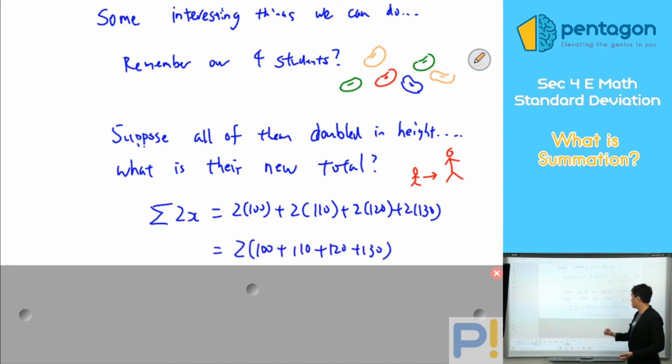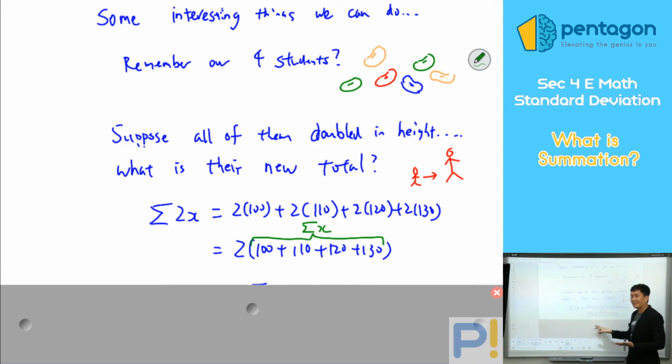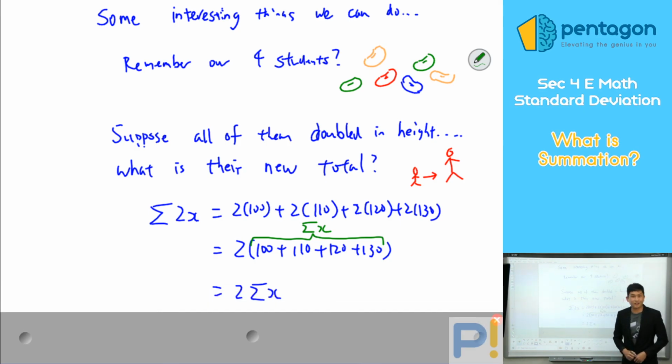Factorizing 2, this gives us 2 times of 100 plus 110 plus 120 plus 130. Now, this looks familiar because this thing in the brackets is actually summation of x. So I can write this whole thing as 2 times the summation of x.